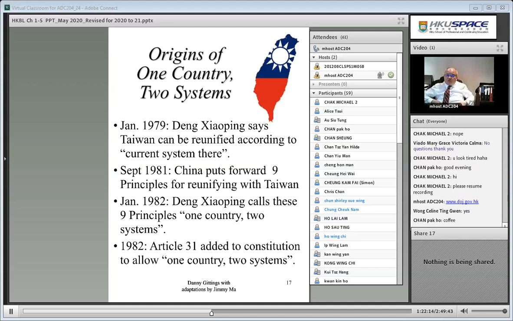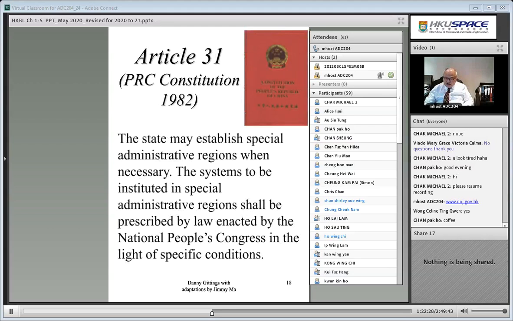One country, two systems, what does that mean? Well, it should be understood in the context of Article 31 of the Constitution, which was amended in 1982, which effectively allows one country, two systems. Article 31 says: the state may establish special administrative regions when necessary. The systems to be instituted in SARs shall be prescribed by law, enacted by the National People's Congress in the light of specific conditions.